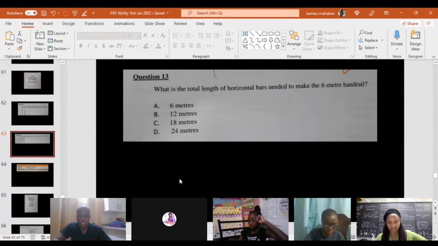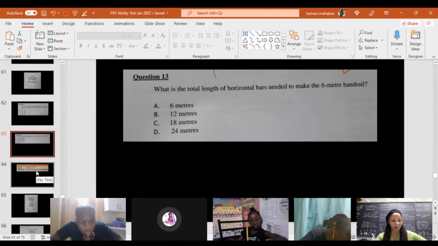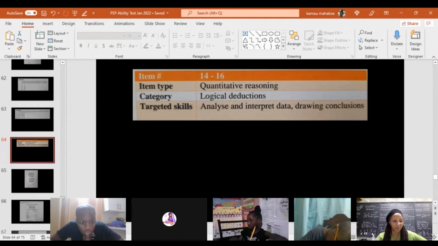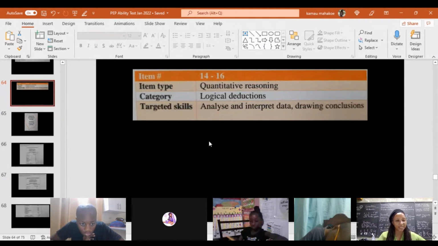So you're saying you need 2 meters length of bars to make a 6-meter handrail? Because the length of bars are 2 meters. I don't know, but we're just going with the 6. We're going to move on. Maybe when I go to sleep, something will pop into my head and I'll say, "Oh, that's what it was."